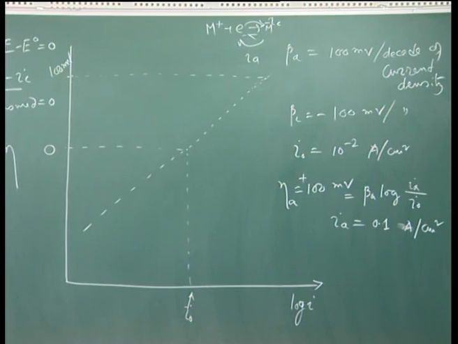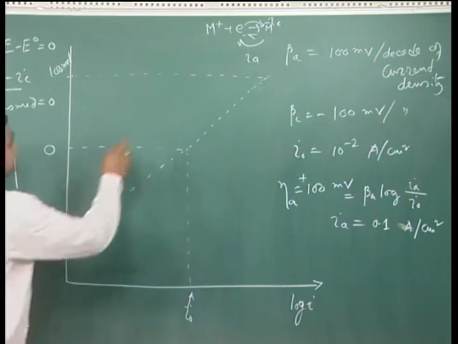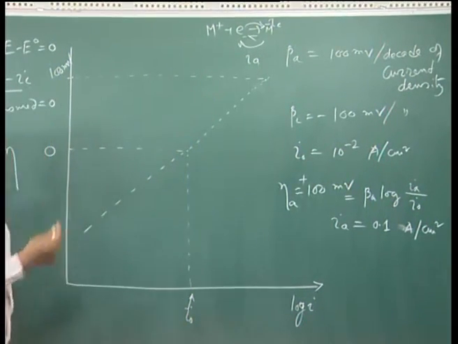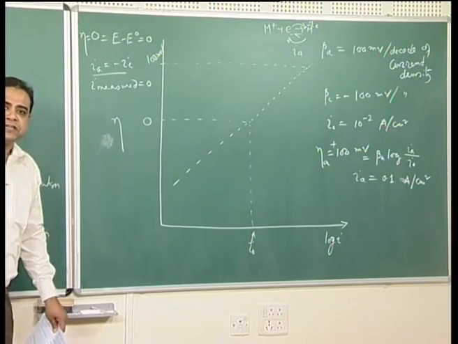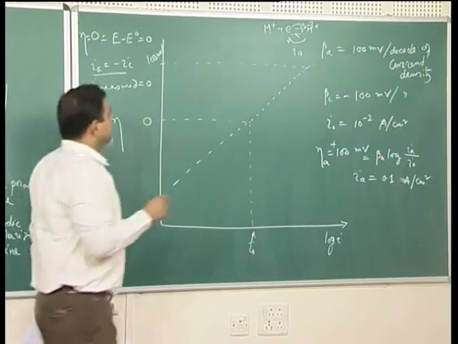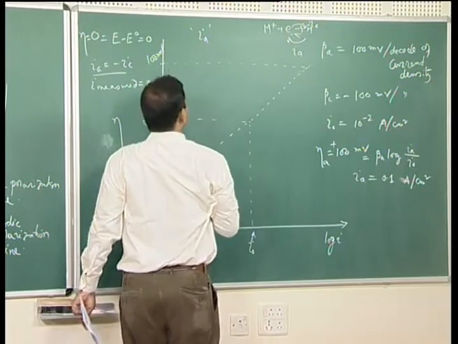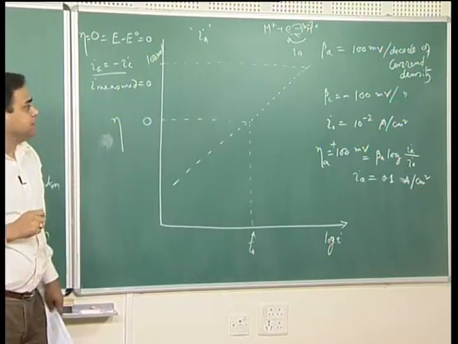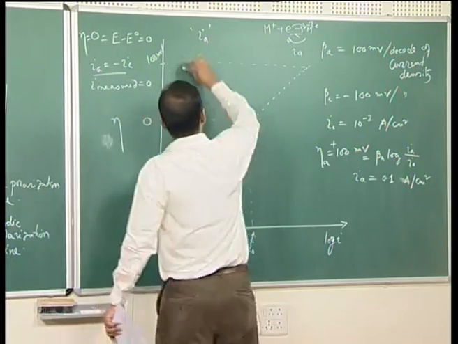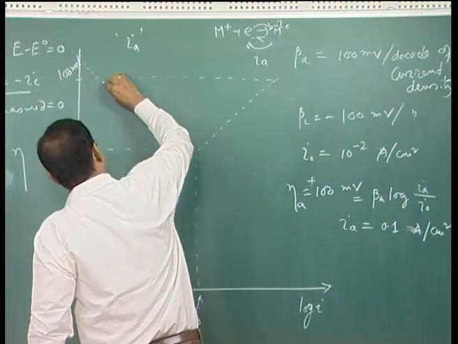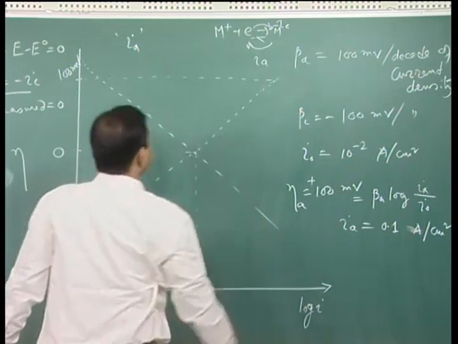Now, similarly, when I see that IA has increased compared to IC, that does not mean that the reverse reaction is not happening. The reverse reaction is also happening, but at a much slower rate. So, if I know IA, similarly I can also find out what is IC, because I can have an imaginary line for cathodic polarization.